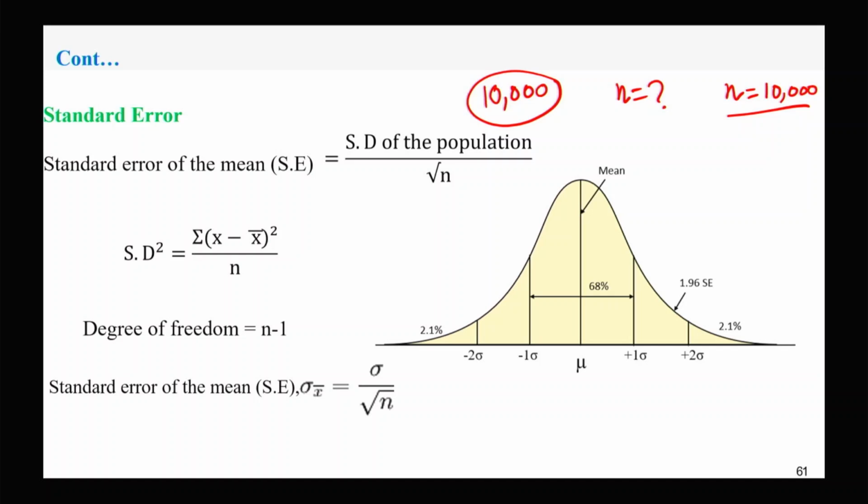There won't be any distribution, because only one value will be obtained, x bar based on 10,000. Suppose n is 100. Then there will be 100 values, so we will have a certain distribution.